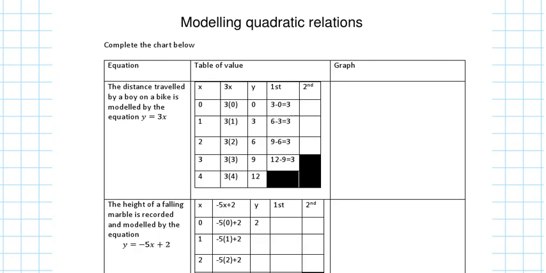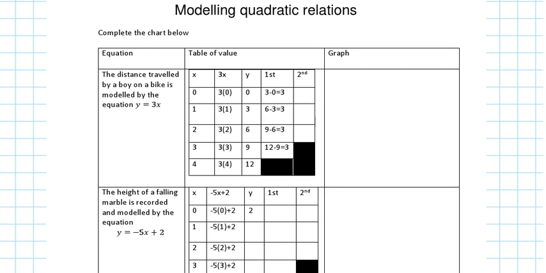Now let's see the difference here. I have three different formats for each question: the equation, the table of values, and a graph. Let's look at the first scenario. The distance traveled by a boy on a bike is modeled by the equation y equals 3x. By looking at this specific equation, can you tell me if this is linear or quadratic?